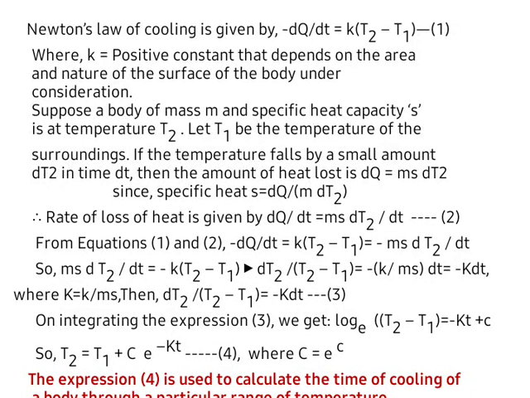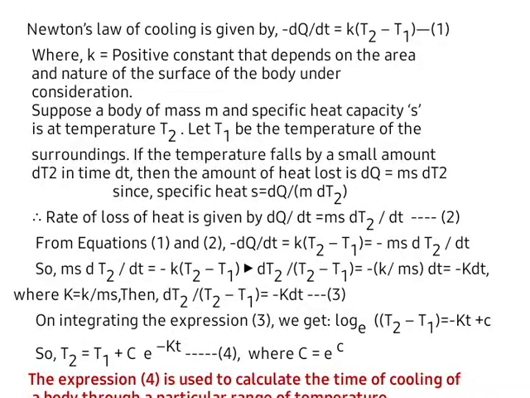If you take the expression in the form of exponent, you will get e to the power of logarithm of T2 minus T1 is equal to e to the power of minus Kt plus c, which is equal to capital C into e to the power of minus Kt, where capital C is equal to e to the power of c.